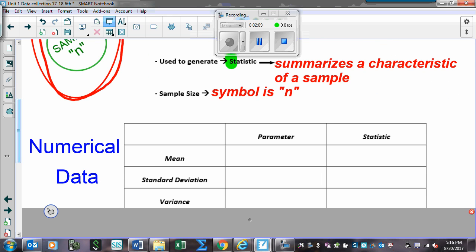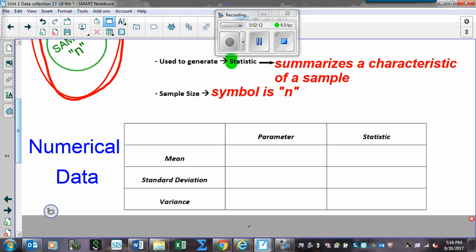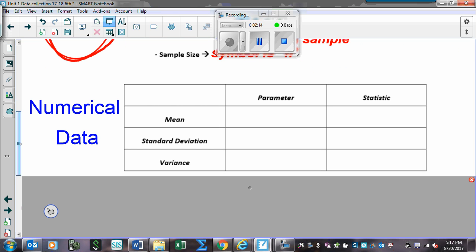And so we can fill in our chart for numerical data first. And for numerical data, we have mean, standard deviation, and variance. And so mean and standard deviation, you might have seen before when you did normal distribution stuff, we used mean. And so the parameter, which describes the whole population. So for the mean, that symbol is a mu, a Greek letter.